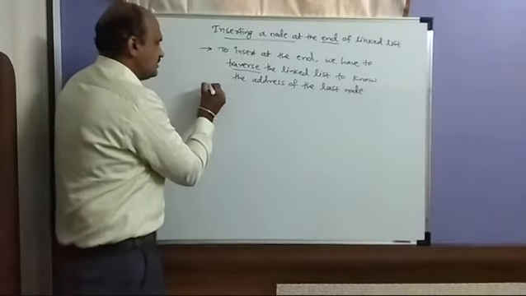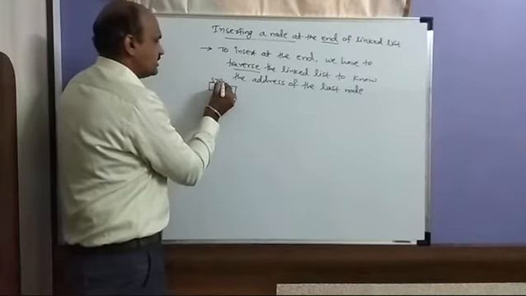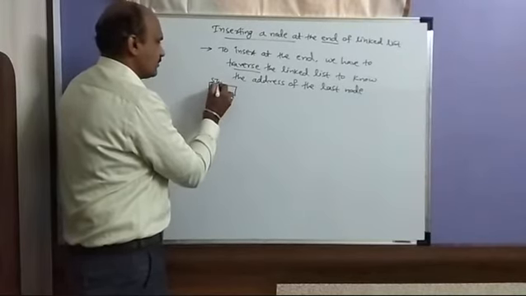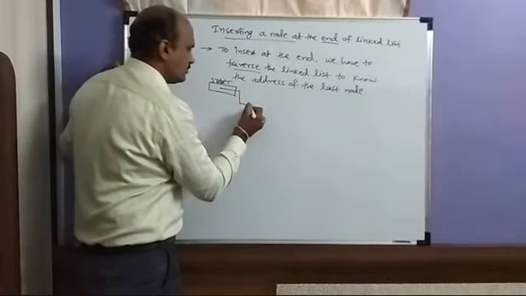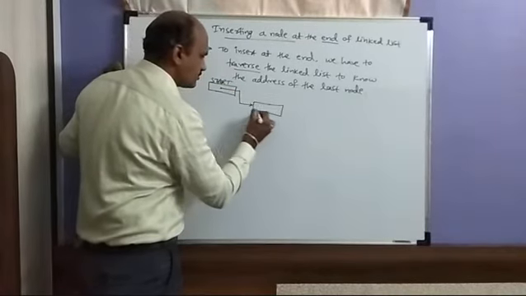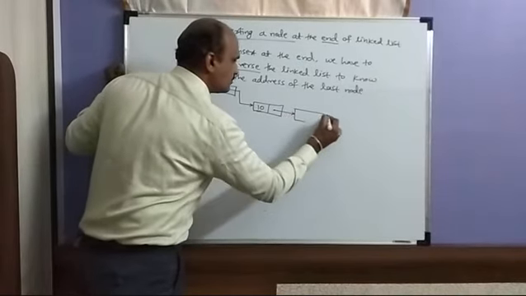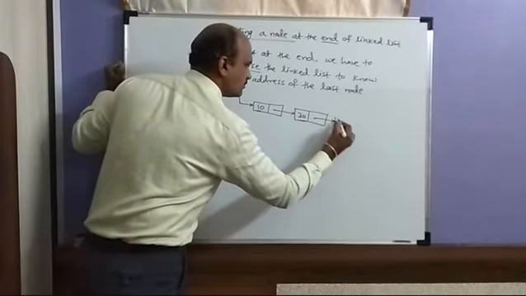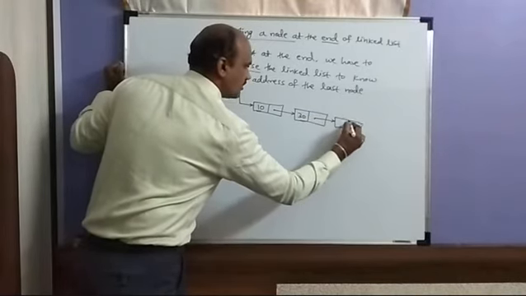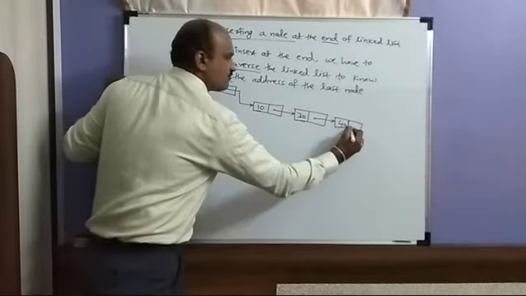See, this is how you have to show. This is the start. Then these are already inserted nodes. This is another node. Now this is null.